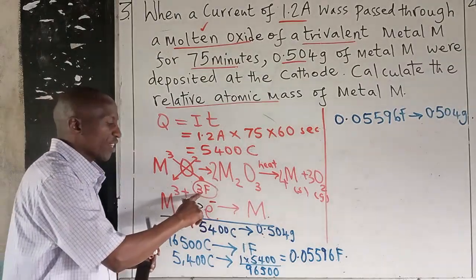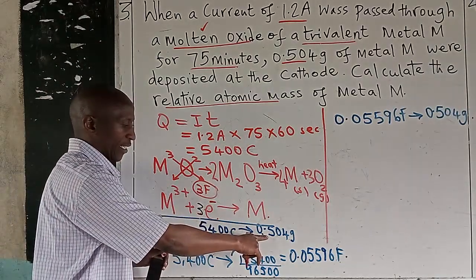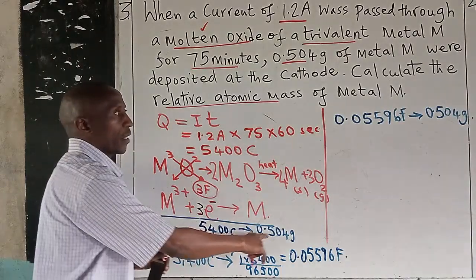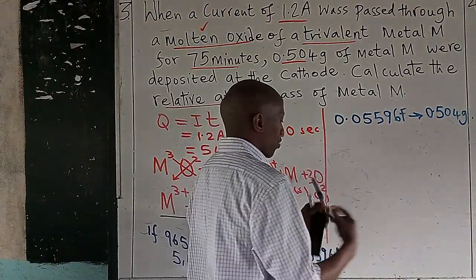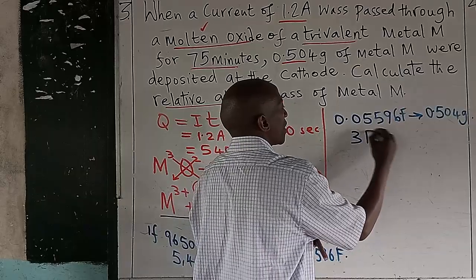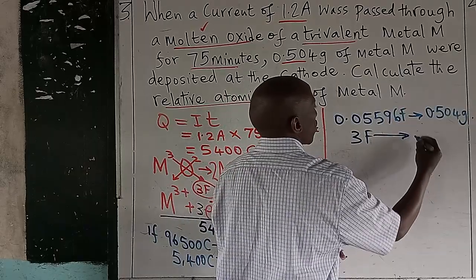How much would 3 Faradays deposit? So we got to that level, and 3 Faradays would therefore deposit how much?